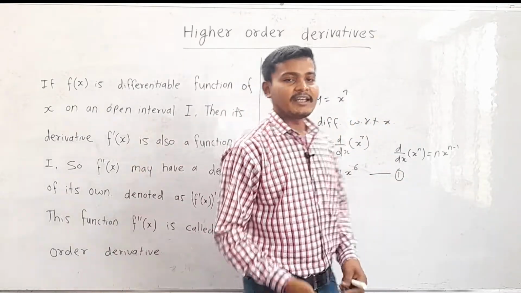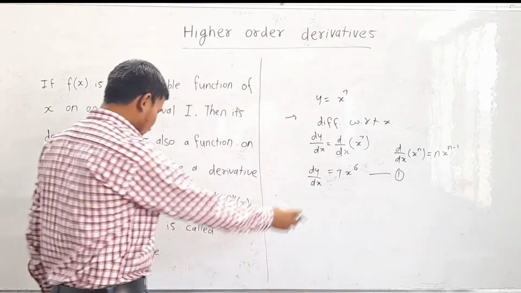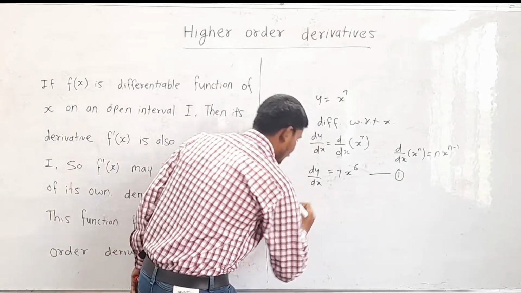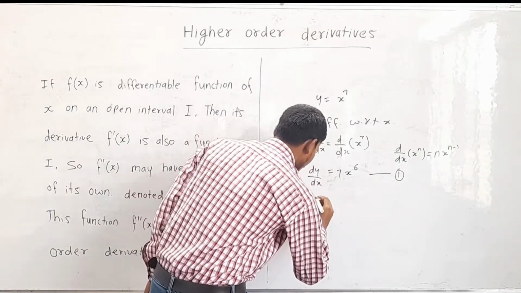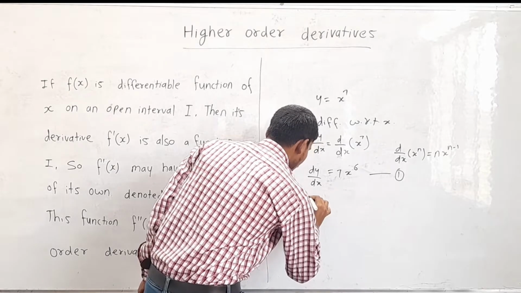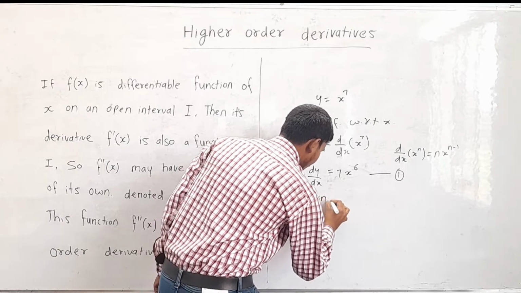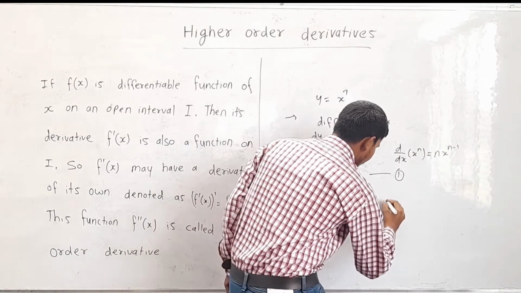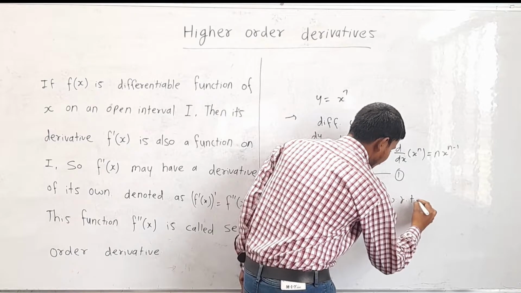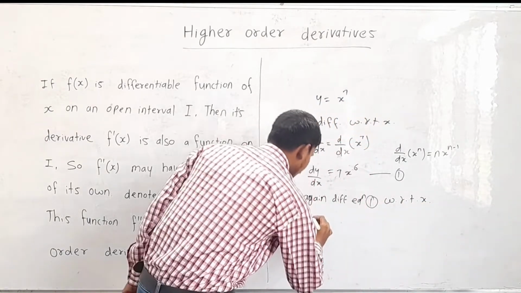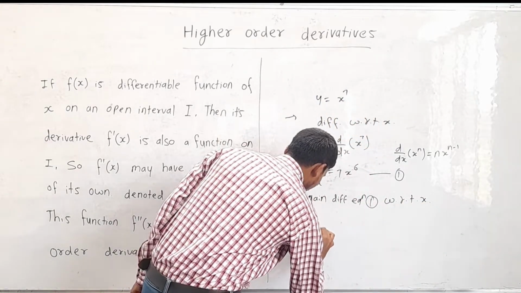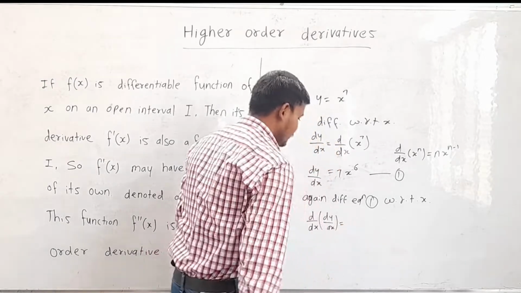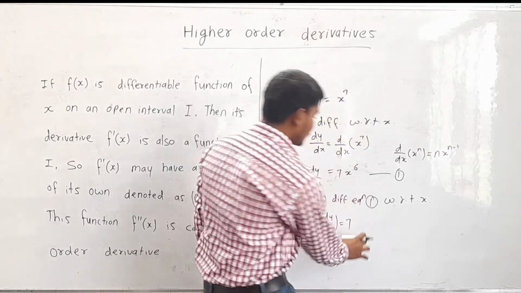On again differentiating equation number 1, we are going to get the derivative of second order. Now, differentiate equation 1 with respect to x, then we will get dy by dx of dy by dx is equal to 7 is the constant.